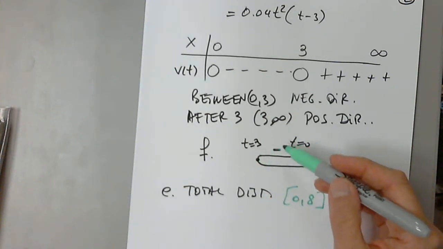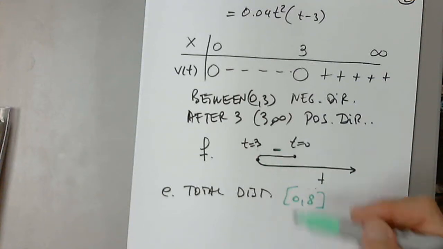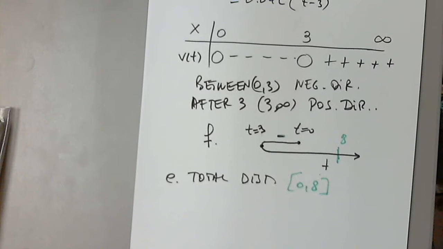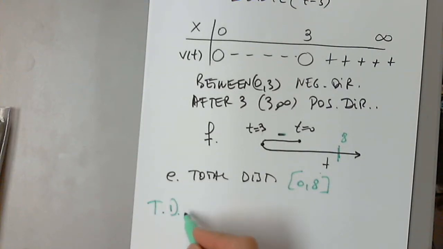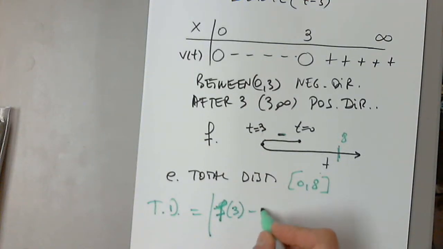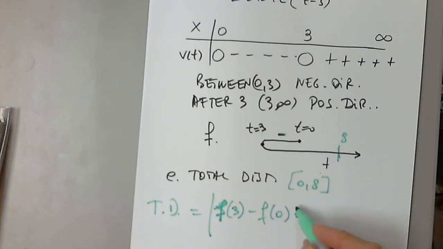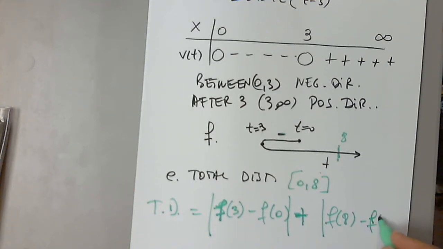So one distance will be between second 3 and second 0, and then between second 8 and second 3. So the total distance will be the absolute value of f of 3 minus f of 0, when it goes to the negative direction, plus the absolute value of f of 8 minus f of 3.